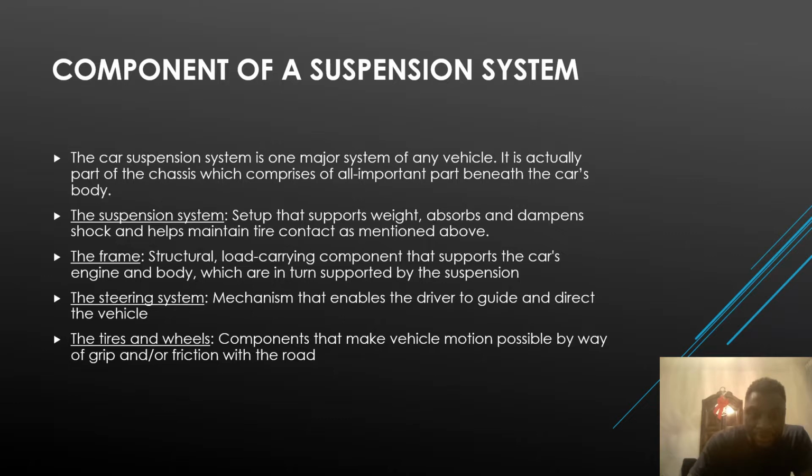The steering system: the mechanism that enables the driver to guide and direct the wheel. And then tires and wheel components that make the vehicle motion possible through grip and friction on the road. These are the major systems in the car, and the suspension system is one of them.